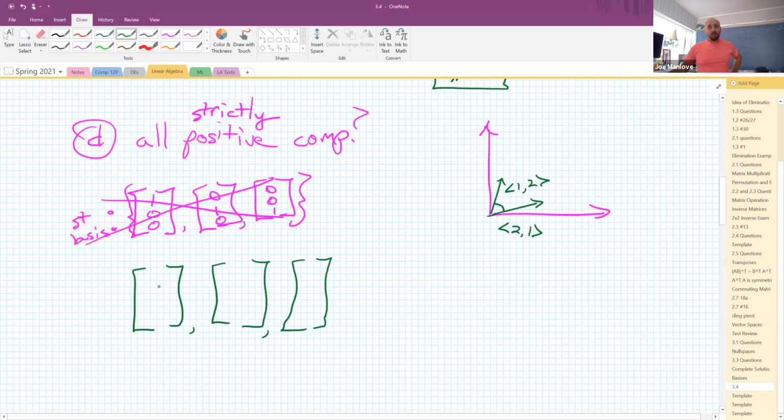First thing first, this guy, I want to be basically x-ish, right? So how do you make an x-ish vector? 2, 1, 1. Okay. So that's x-ish and has all positive components.